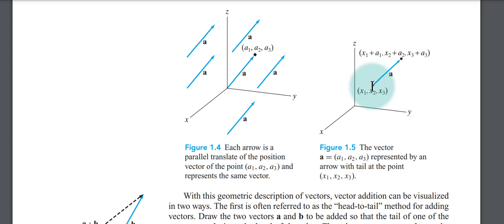So what is the end point for this one? This is going to be x1. This is where we're starting. So it's going to be x1 plus a1. That's the new tip. It's going to be here and here and here. So we're just adding the a coordinates to the starting point, and we get this.